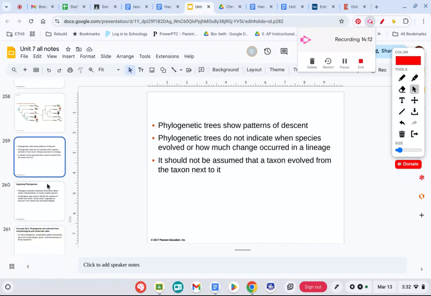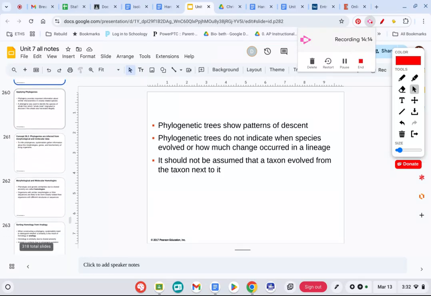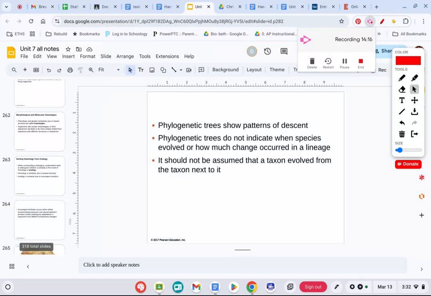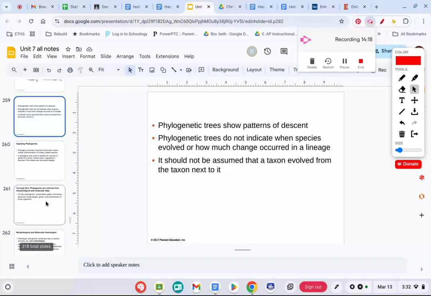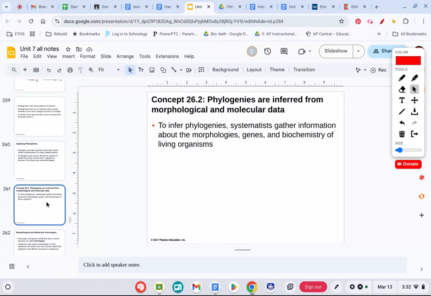All right, I'm going to skip down here a few slides to get to the first 26.2 section, because now I want to talk a little bit about how we can get a phylogenetic tree. What information do we use to try and figure out how these different groups are related to each other?